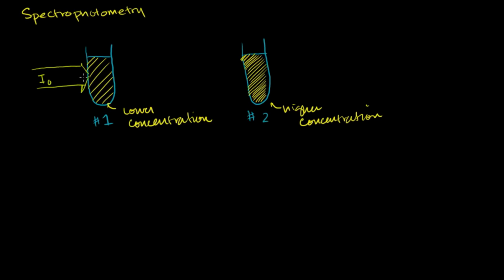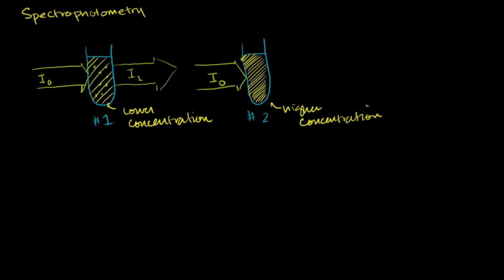What's going to happen as the light exits the other side of this beaker? Well, some of it is going to be absorbed by our little molecules inside the beaker. So you're going to have less light come out the other side. I'll call this I1. Now, if we shined the same intensity of light into this beaker, what's going to happen? Well, more is going to be absorbed as the light travels through this beaker.